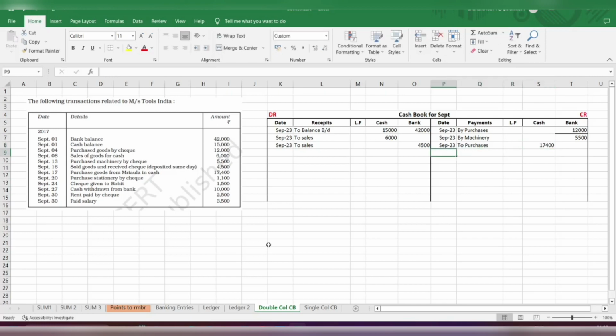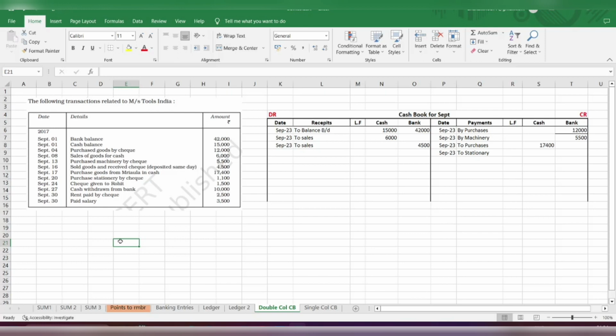Next, purchase of stationery. When it is only mentioned as goods, we always remember that we have to consider it as the purchase or sales account. But when a specific asset or liability or expense or income is mentioned, we have to take that account into consideration. So here it is stationery account, purchase account, machinery account and sales account.